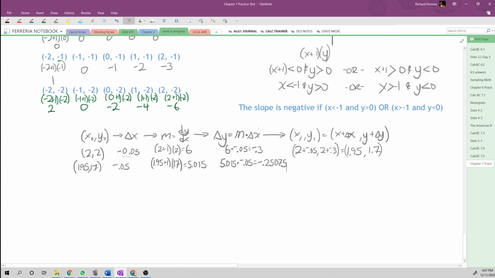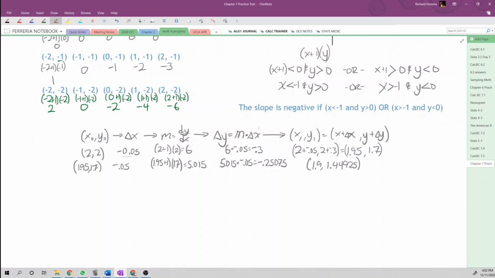That's negative 0.25075. So you can see the numbers are starting to get out of hand really quickly. Lastly, let's add x plus delta x and y plus delta y. That's 1.9 and 1.449. Again, the numbers are getting out of hand here, so I'm not really going to be writing down all the calculations again, like we did for the previous line.